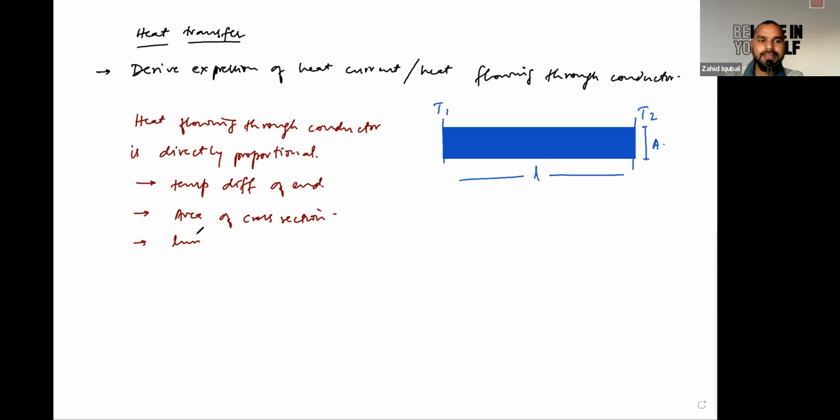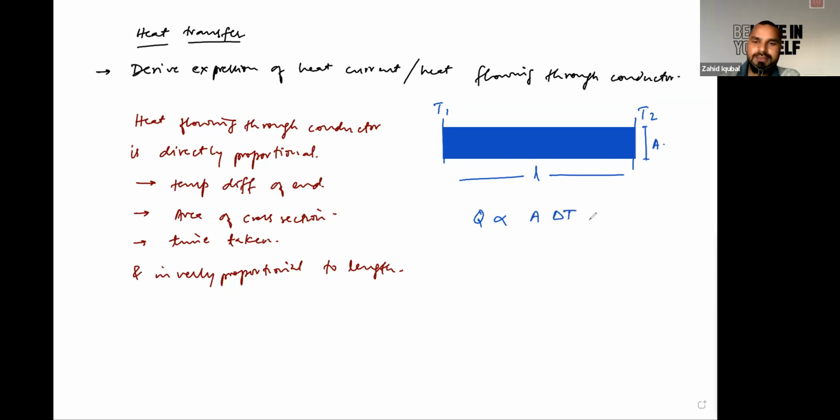Third, time taken. And inversely proportional to length of conductor. So from this part, you may write Q proportional to area of cross section, change in temperature, time divided by length.